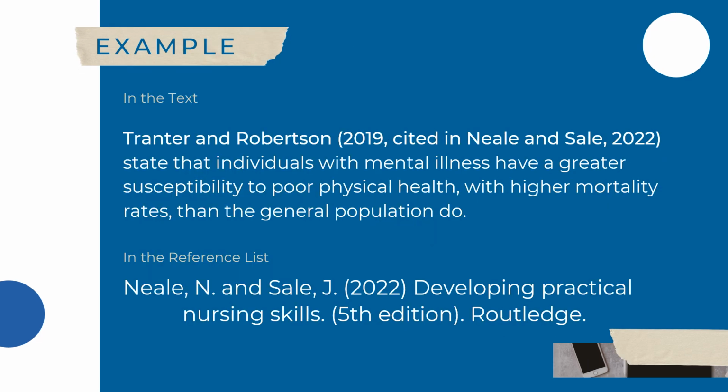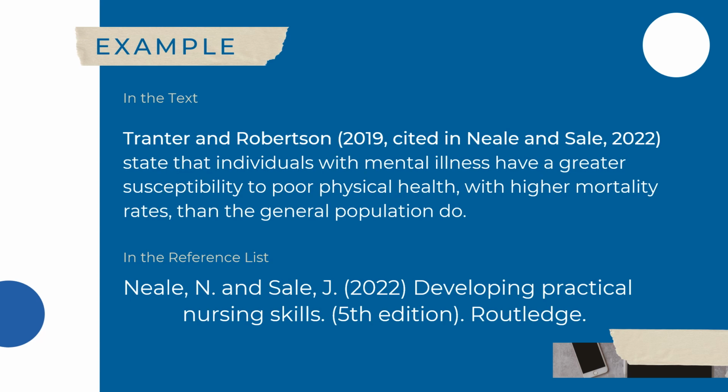So, for example, the book that you're reading by Neil and Sale, 2022, cites or mentions some work by Tranter and Robertson, 2019, and you want to use that excellent idea in your work. To do this, you will use secondary referencing. In the text, you will mention both the original work and the work you have in front of you.